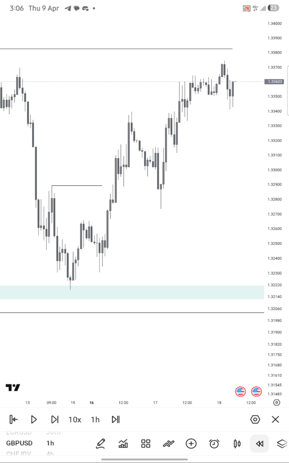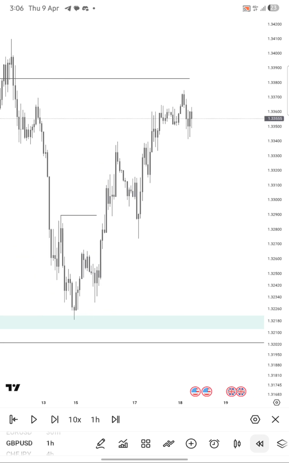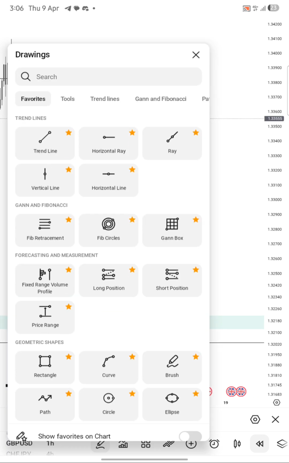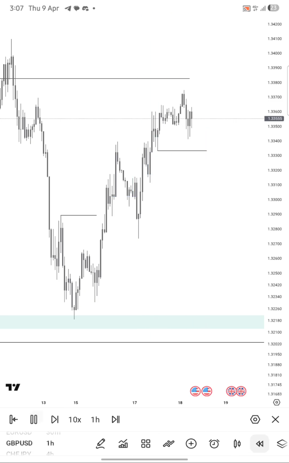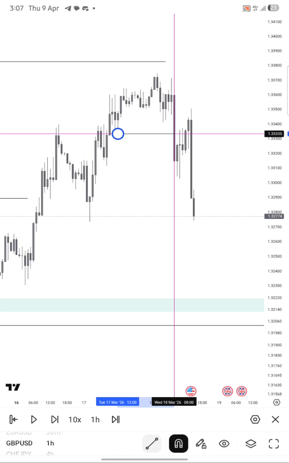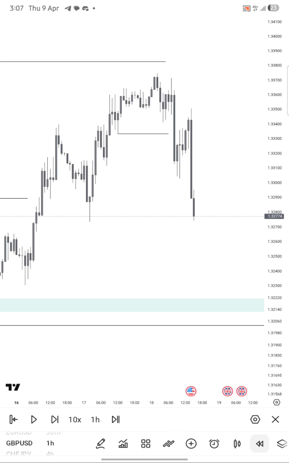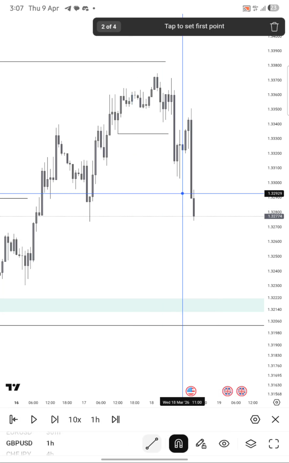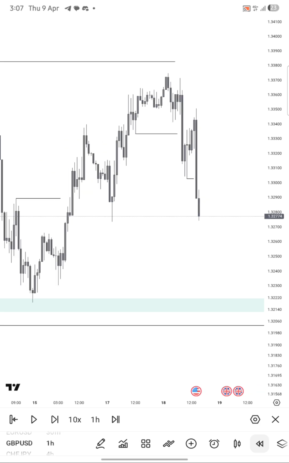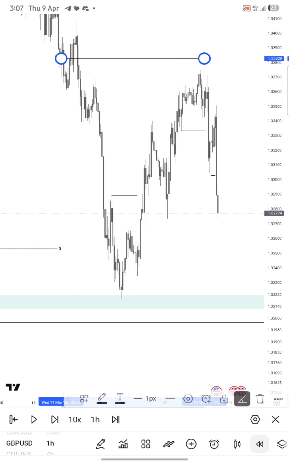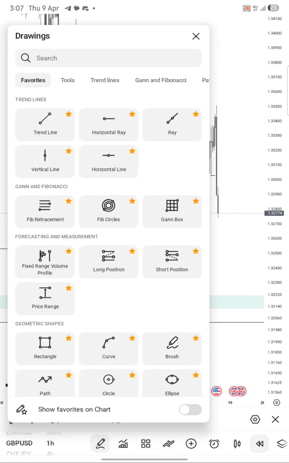What we could anticipate right now is when price breaks this low, it will give us a shift in market structure. Okay, so we get a market structure shift here and a break of structure like this. Price needs to reverse from taking out a liquidity and reversing from a key level.